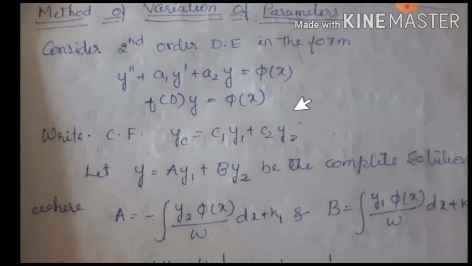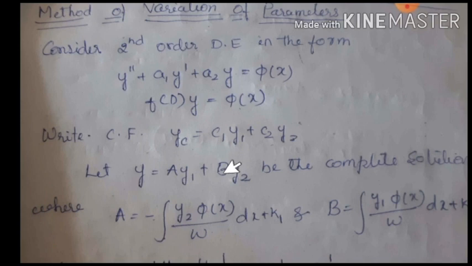Now the general solution of the second order differential equation is in the form y equal to Ay1 plus By2. This is the assumption made for the method of variation of parameters, and we consider it as the complete solution.